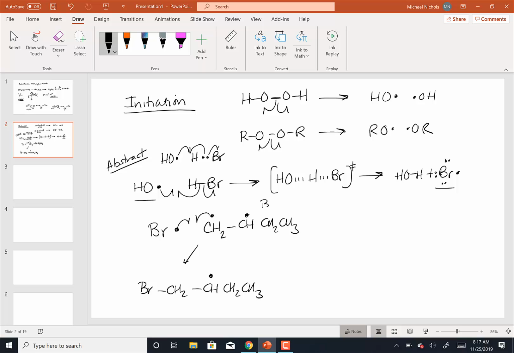In other words, the bromine adds to carbon 1 in this case. Or the Br dot can pair up with the CH dot, leaving the CH2 with its unpaired electron. So if this is carbon A and this is carbon B, addition to A will produce that radical, addition to B will produce that radical.